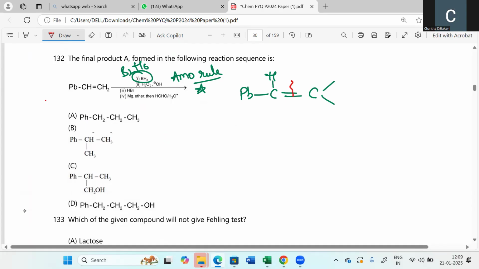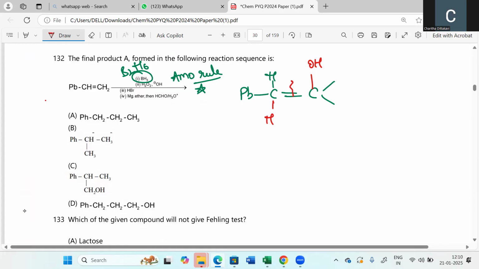Generally, according to the Markovnikov rule you can go with your left part, but you should go now with your right part, right? So this will be first your H2O2 and OH minus, in which your water molecule will definitely add. So here will be my OH and here will be my hydrogen.